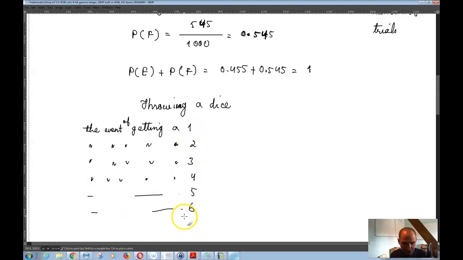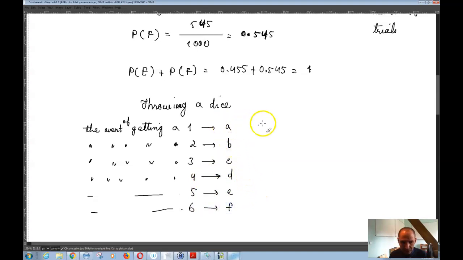There are 6 different numbers on the 6 faces of a dice. I can denote these events by A, B, C, D, E, and F.